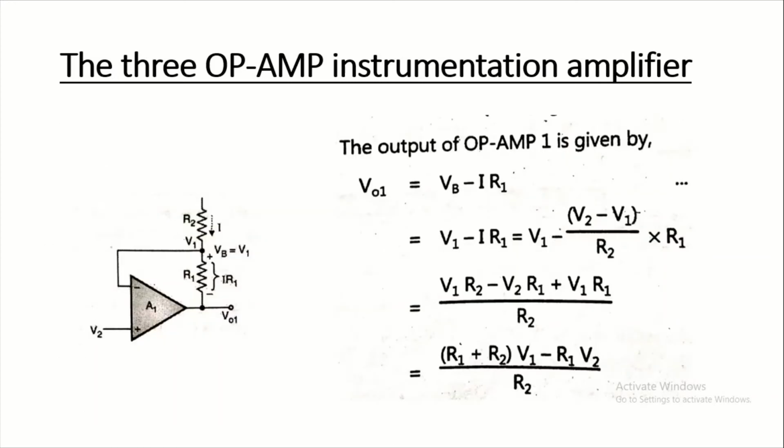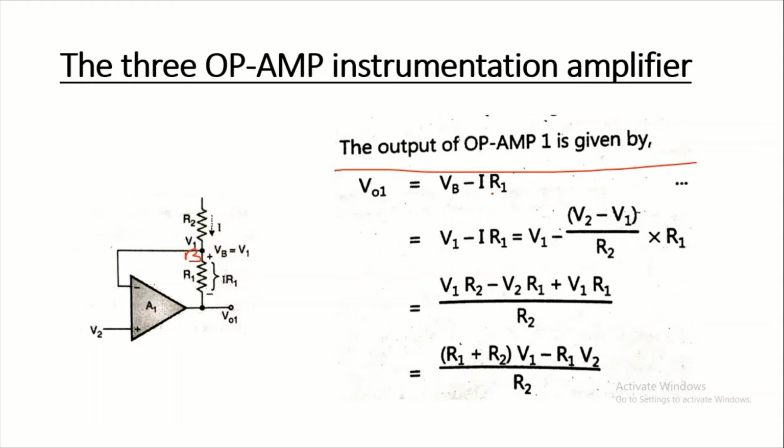Now only op-amp A1 is considered. The output of op-amp A1 is given as V01. Apply the KVL rule here. So V01 is VB minus IR1. VB means the voltage at node B. Here is node B. So VB is equal to V1.